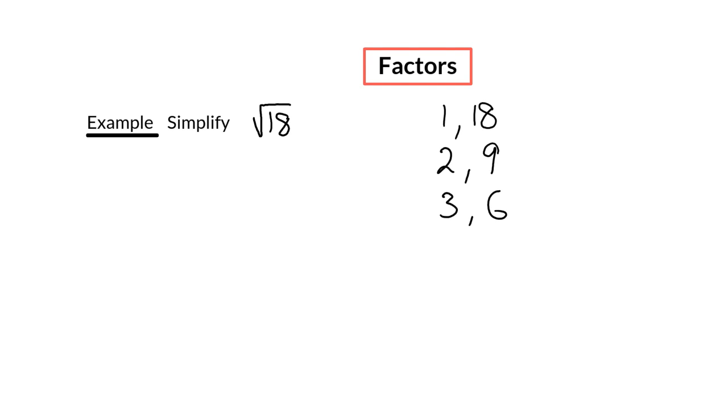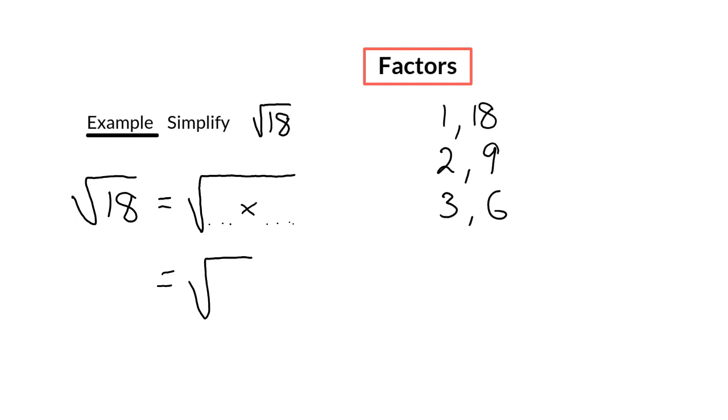So if we take the square root of 18, as I've shown you previously, what we're looking to do is first split that into two numbers that multiply together. That would be our factors, and that will allow us to split into two individual roots like this.